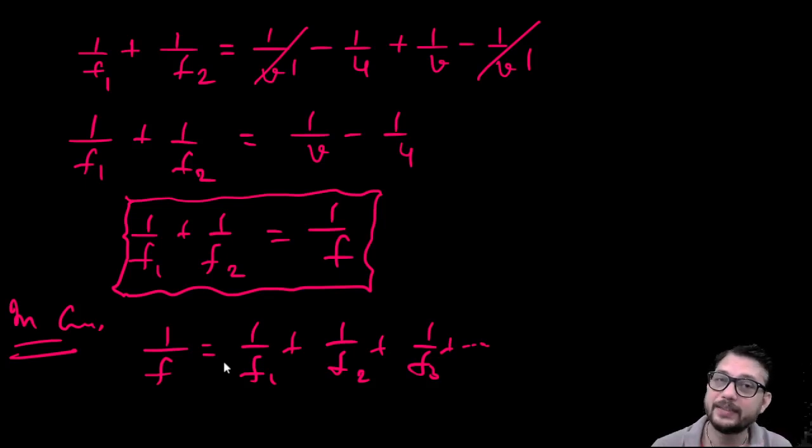I hope and I believe that this derivation is now clear to all of you. You just have to practice yourself. Once you practice, draw the diagram according to the basic concept of image formation, as we already know.